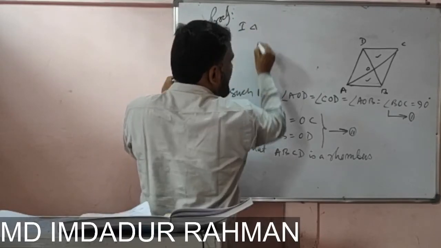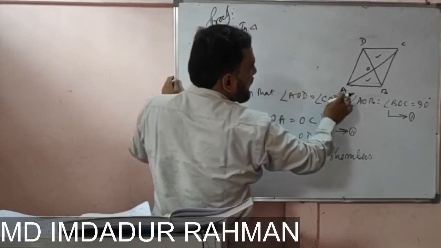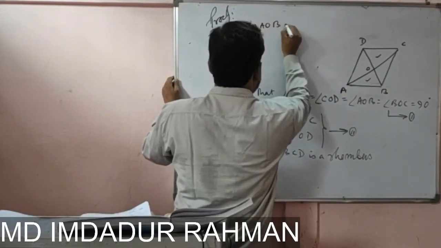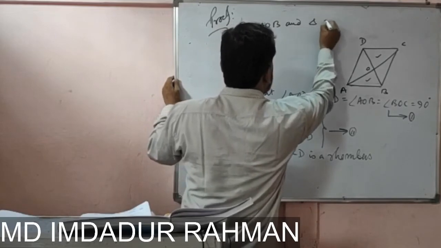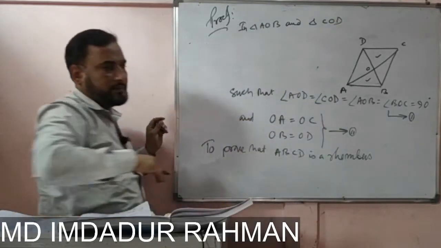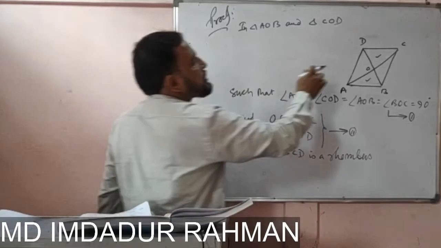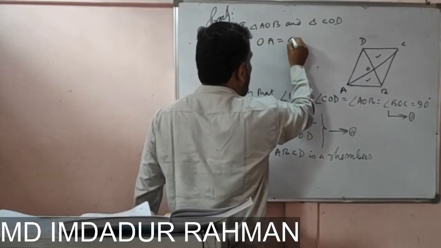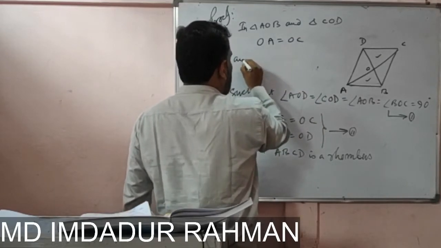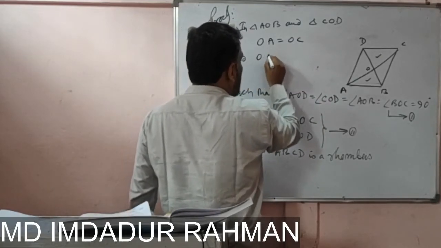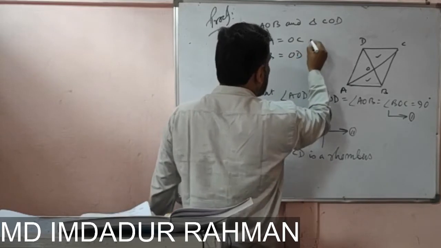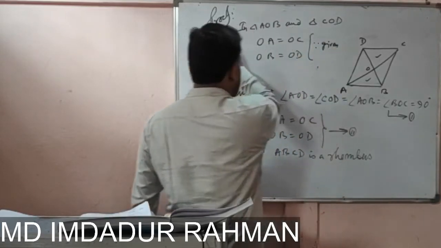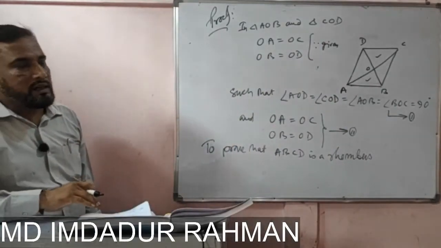In triangle AOB and triangle COD, what are we getting? You see, simply OA is equal to OC and OB is equal to OD. These are given because the diagonals bisect each other.